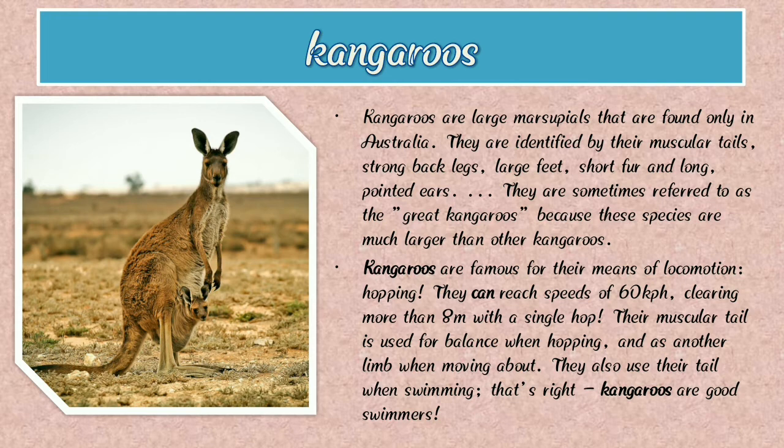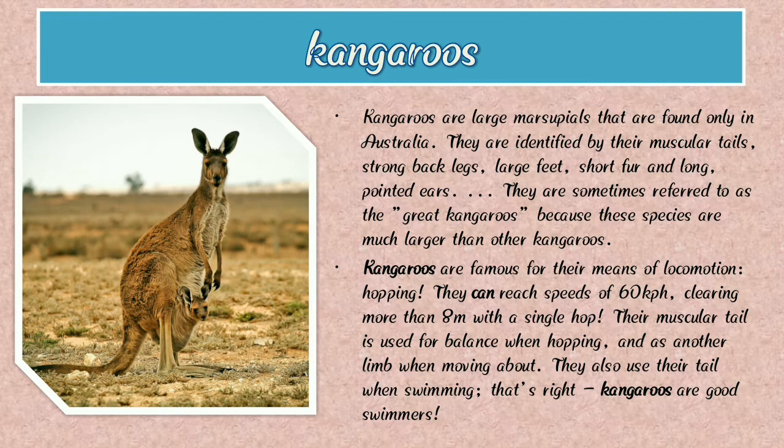So kangaroos are famous for their means of locomotion, hopping. They can reach a speed of 60 kph, clearing more than 8 m with a single hop. Their muscular tail is used for balance when hopping, and as another leg when moving about.